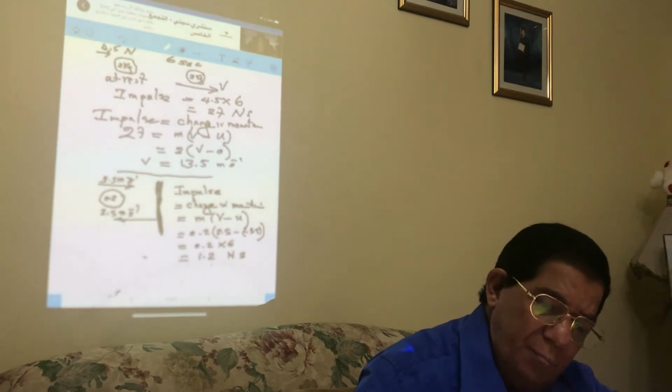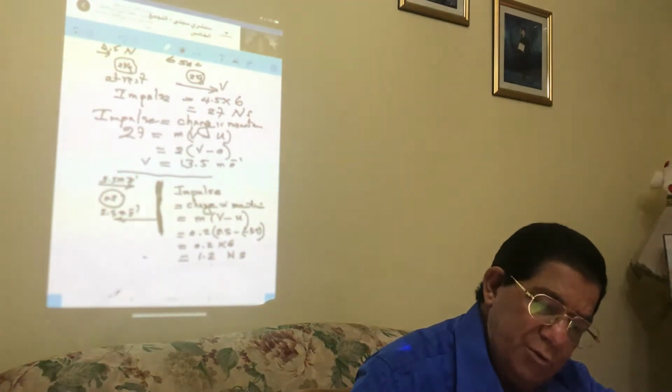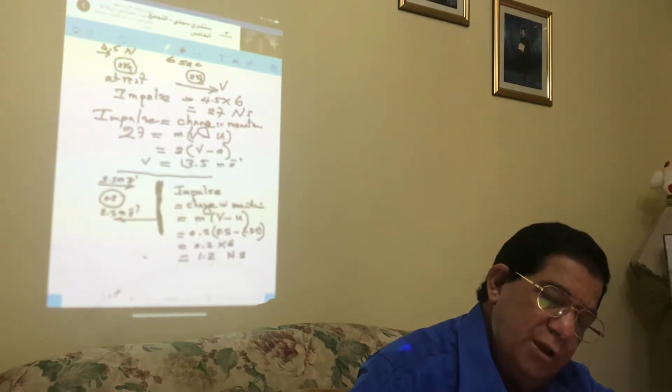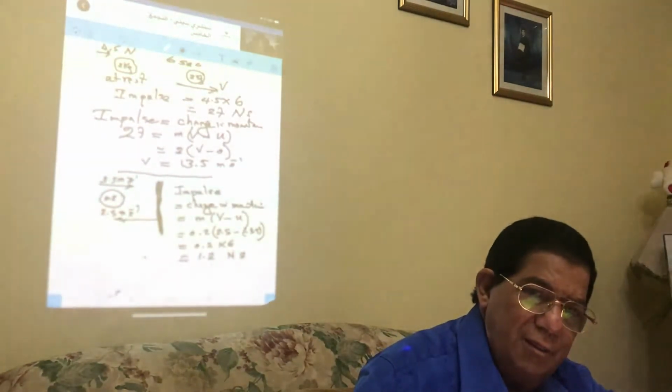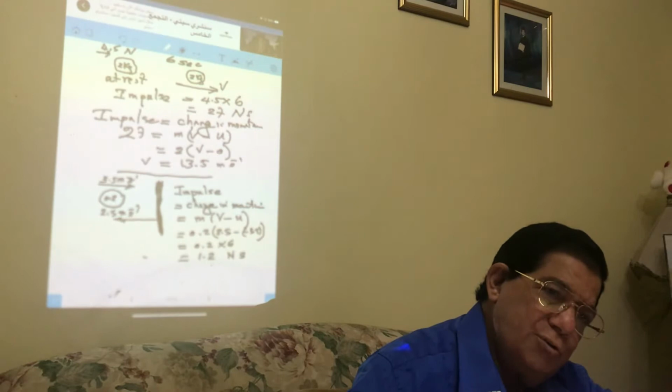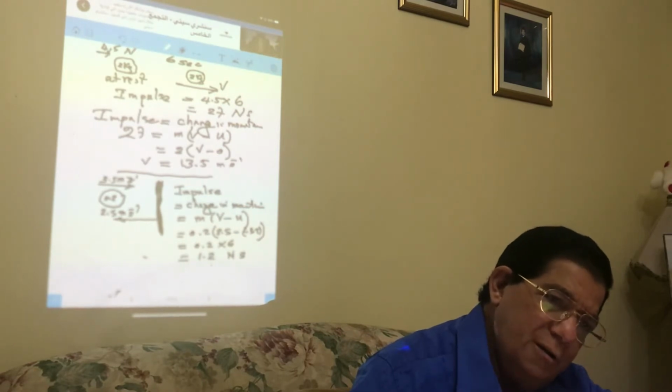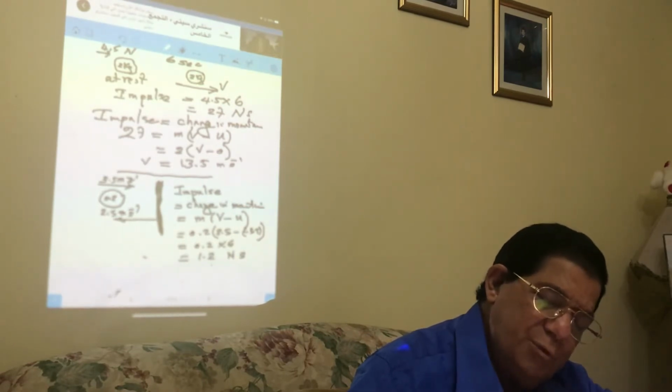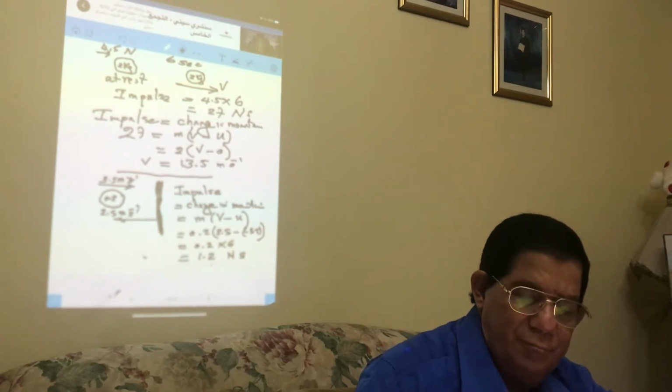Remember, by the way, this is the impulse of the wall on the ball. It is also the impulse of the ball on the wall. This is because of Newton's third law. The two forces are equal and they act for the same time, therefore the two impulses are equal.